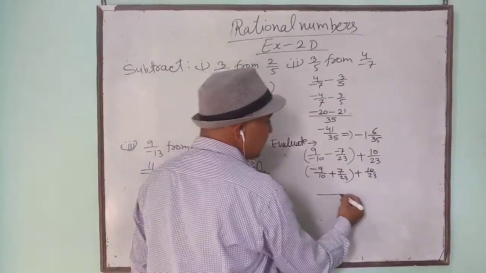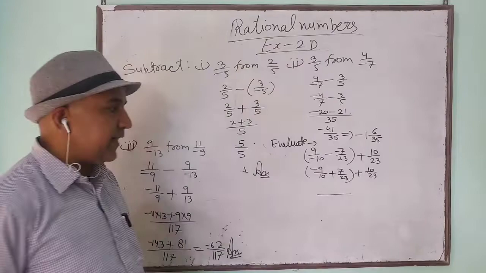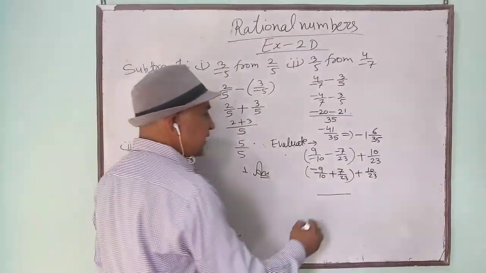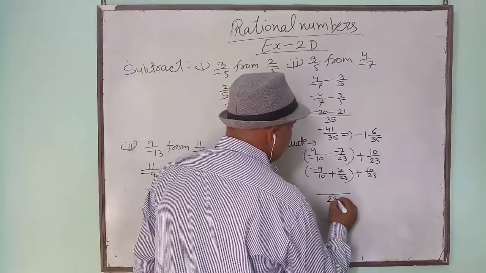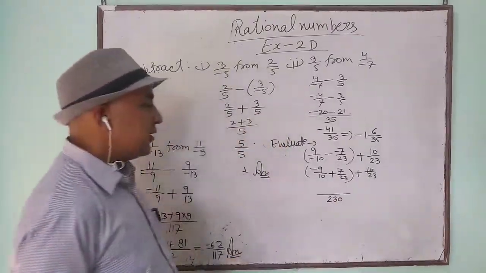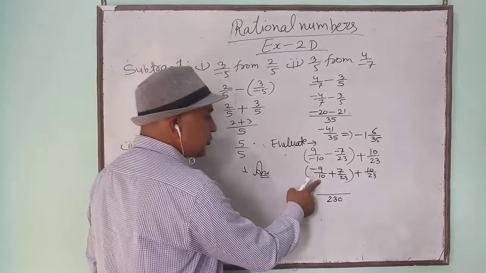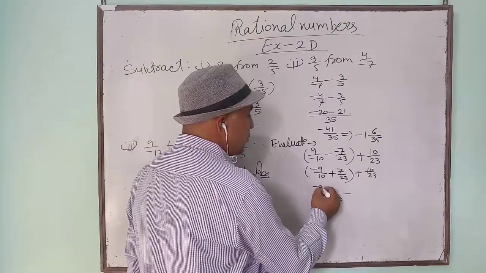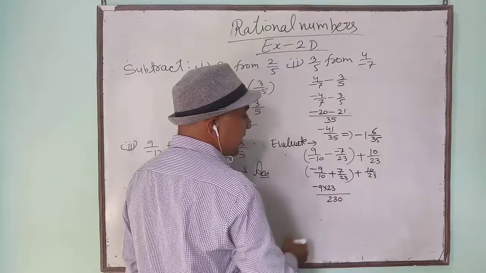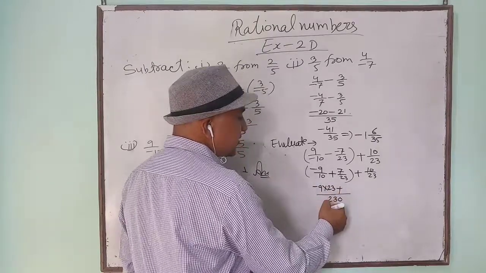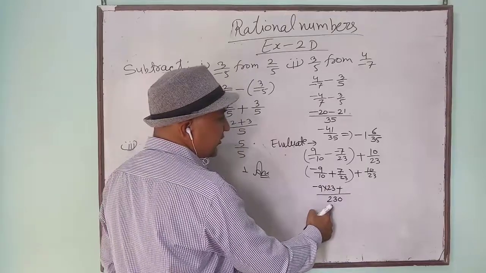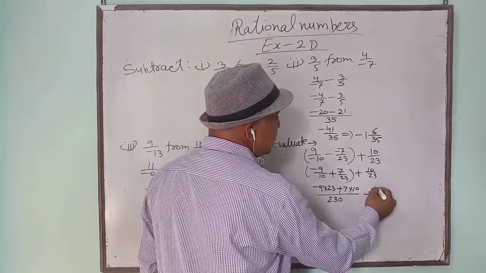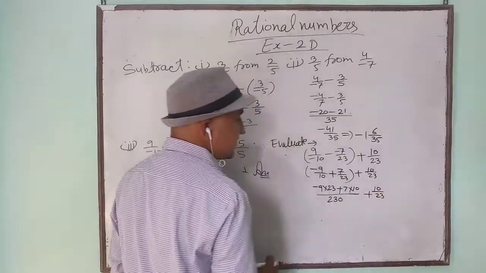Okay. Now we will take the LCM of 23 and 10. LCM will be 230. Now 10 will divide 230, then it will come 23. So minus 9 will be multiplied by 23, plus 23 dividing 230 coming 10, 7 will be multiplied by 10, plus this 10 upon 23 is same as.